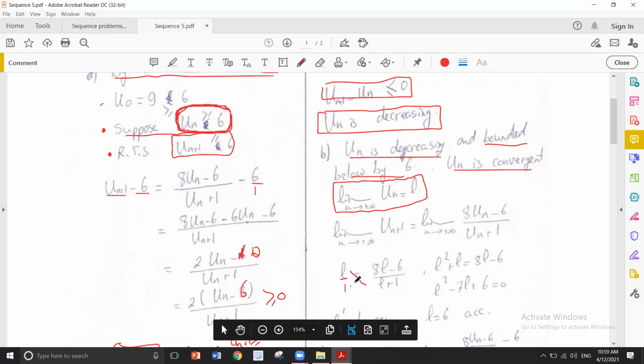Cross multiplication. L times L, L squared. L times 1 is L, equal to 8L minus 6.